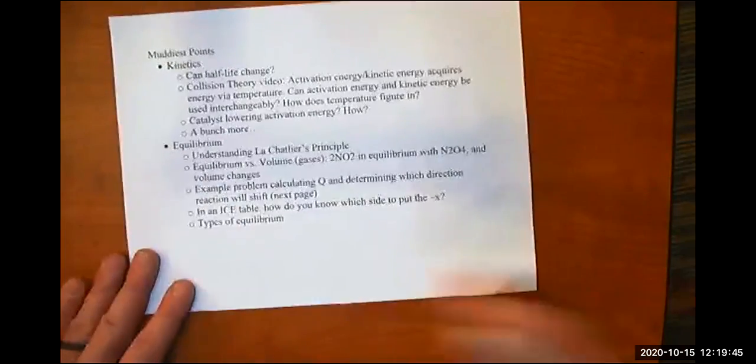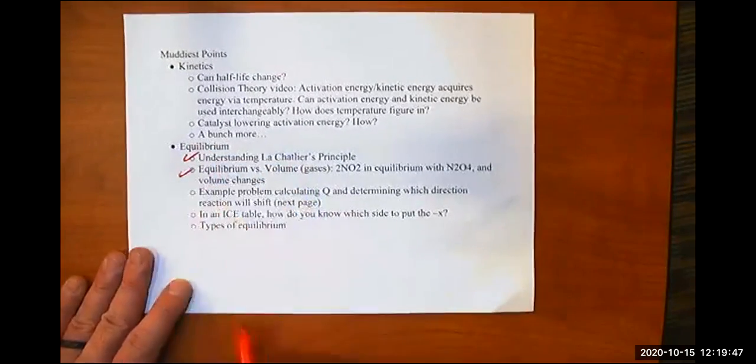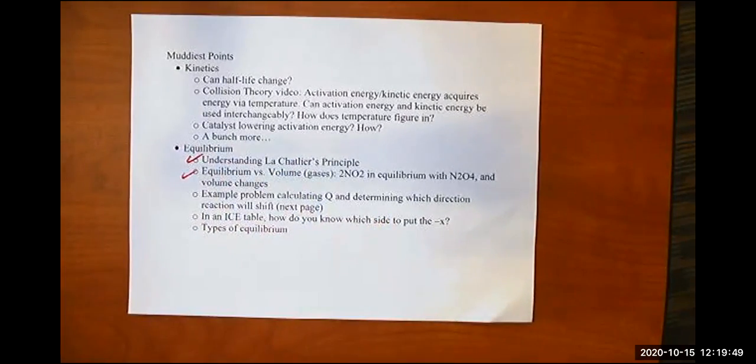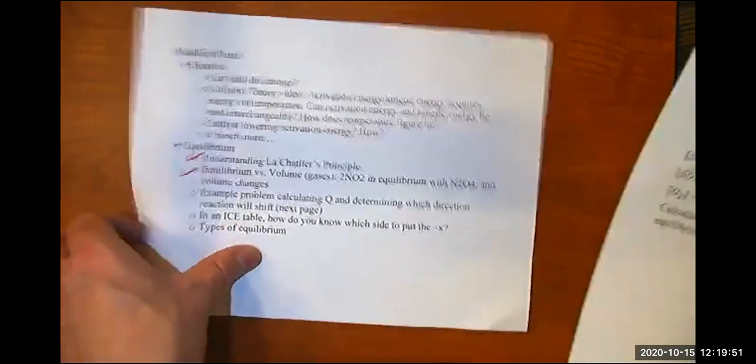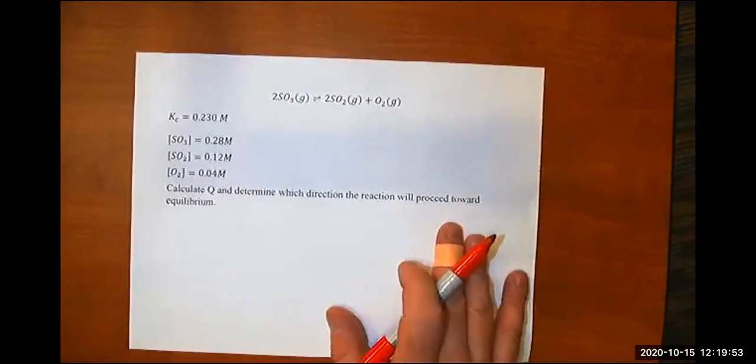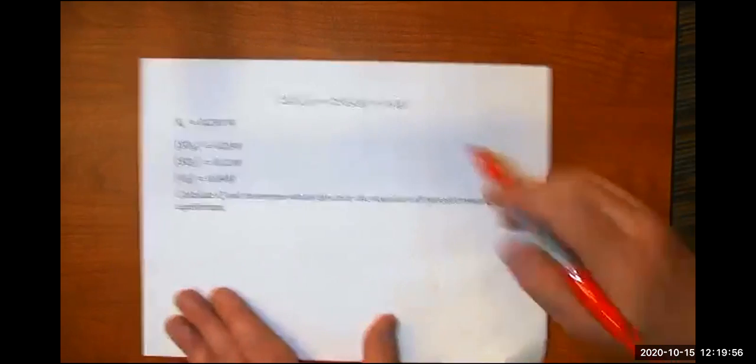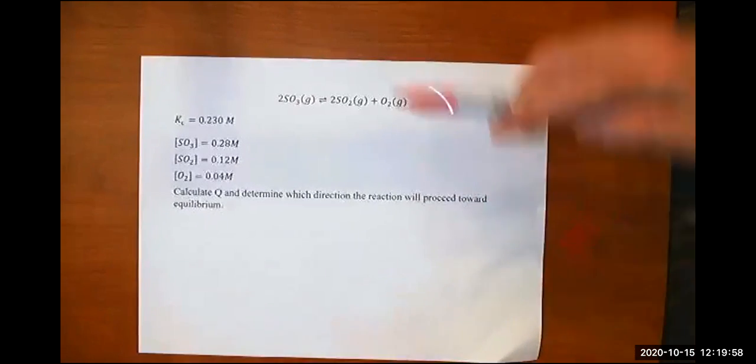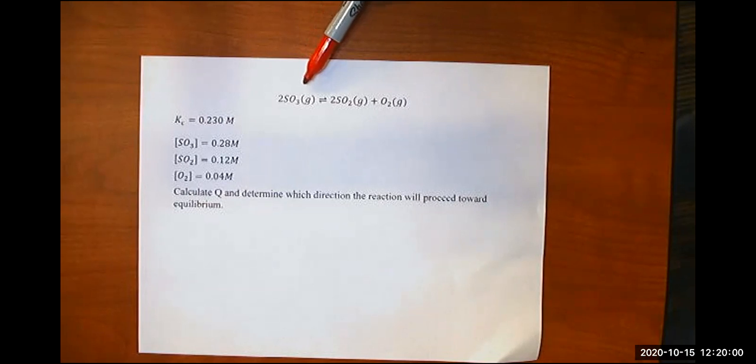All right. We talked about that, we talked about this. So there was a specific question, I believe from Newton, that people wanted me to look at. This is a gas phase reaction: 2 moles of SO3 in equilibrium with 2 moles of SO2 and an O2.